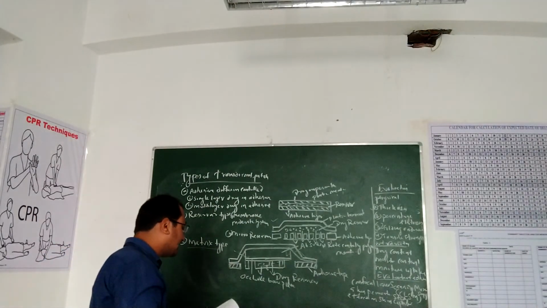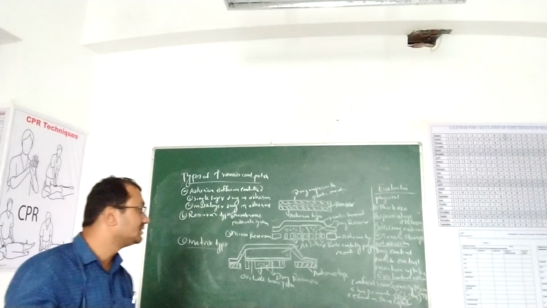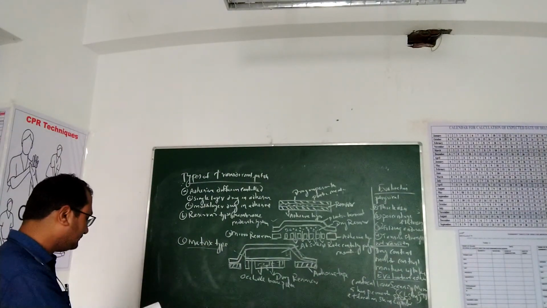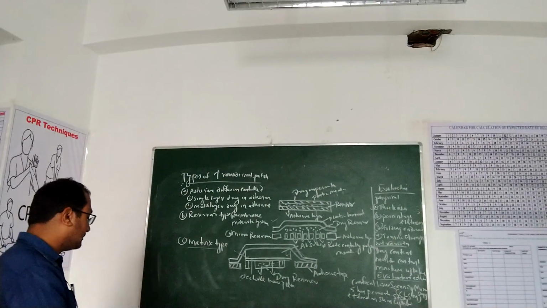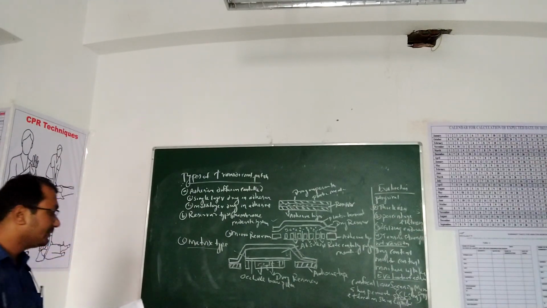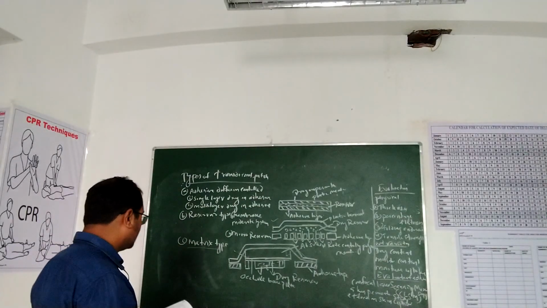So let me tell you slightly about it. First one is the evaluation of adhesive materials. We need to determine the peel adhesion properties, then tack properties, then shear strength properties. These are the evaluation parameters of the adhesives.